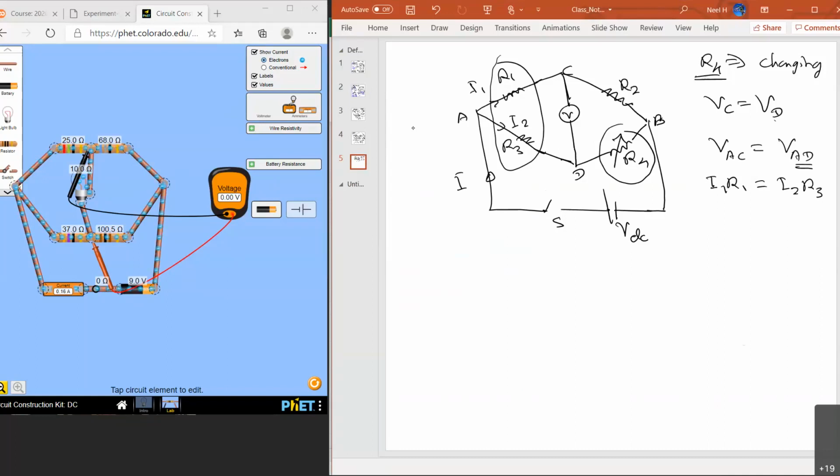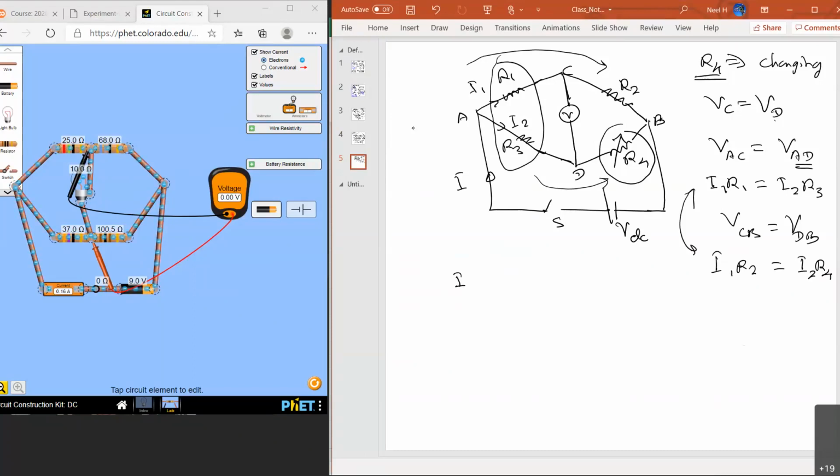On the other side, VCB is equal to VDB. Applying the same Ohm's law, the current is the same everywhere on this line, okay? I1 times R2 is equal to I2 times R4. Now you divide these two equations, right?